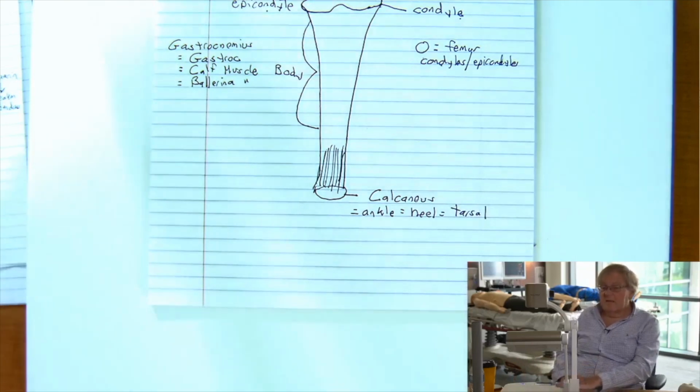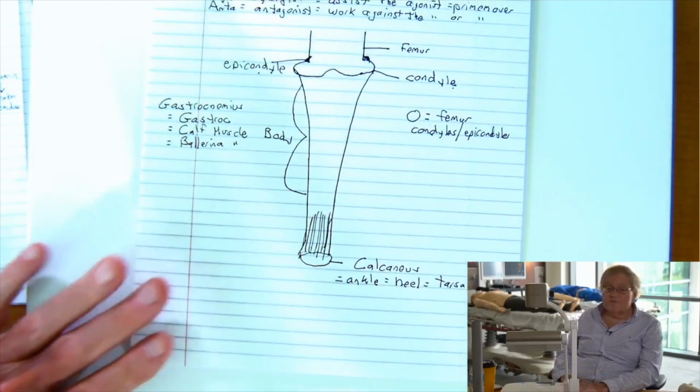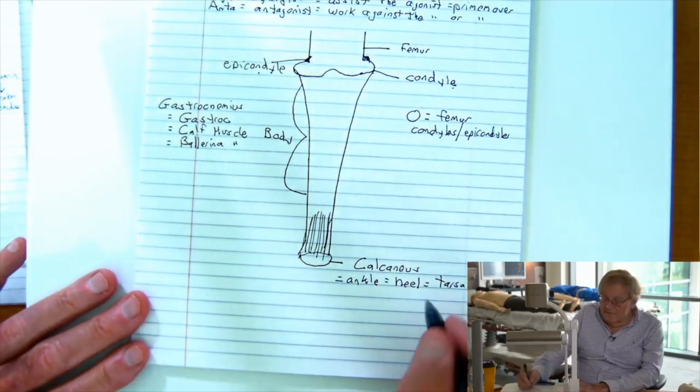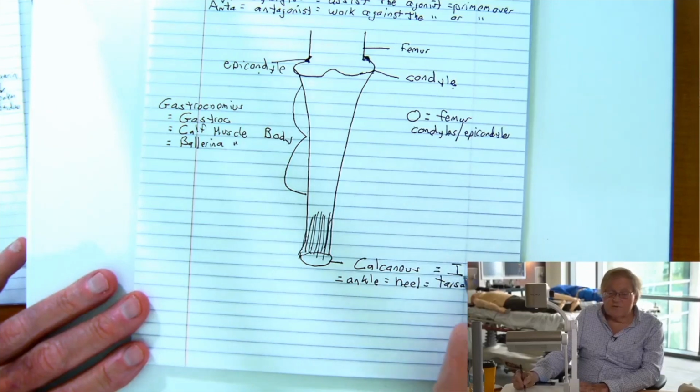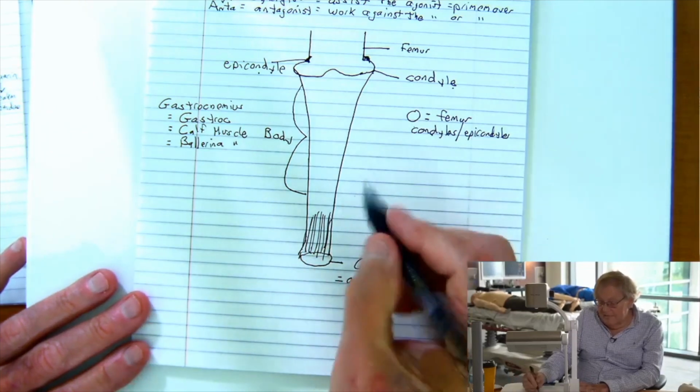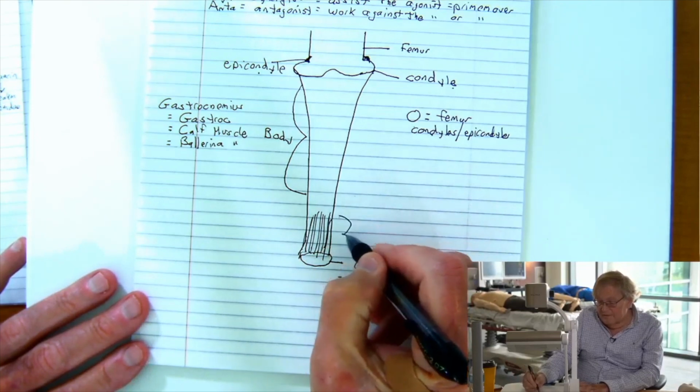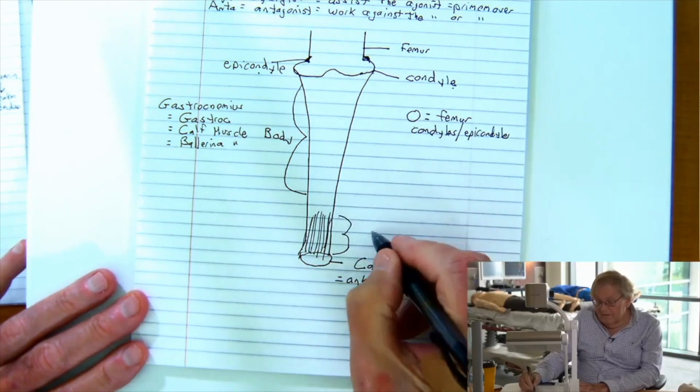And since that muscle has to attach to it, that bone is going to be the I, or insertion. The way I'm going to insert there is by means of this structure here, and that's called the Achilles tendon.